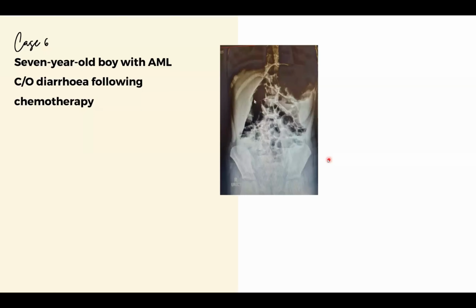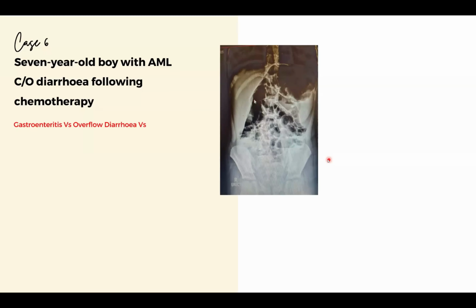So, a 7-year-old boy with AML complaining of diarrhea following chemotherapy. So what is this diarrhea? The common ones are like gastroenteritis. So we always ask, have you had food from outside? Did you have any unhealthy food? Because it's easier to manage. And it can very well be overflow diarrhea, because these patients are having paralytic ileus, constipated.